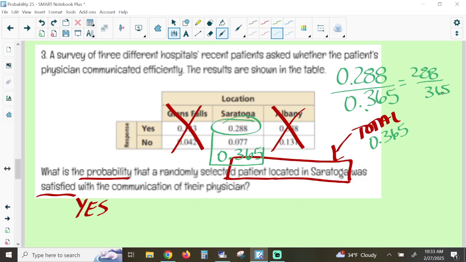If you did 288 over 365, what does that simplify to? If you just did 288 ABC 365, what do you get? It doesn't simplify? Okay, so this fraction would be fine. Or if it said approximately, it would be like 0.78. What's the next number? 9. So what's the number after the 9? 0? Okay, so that's fine.